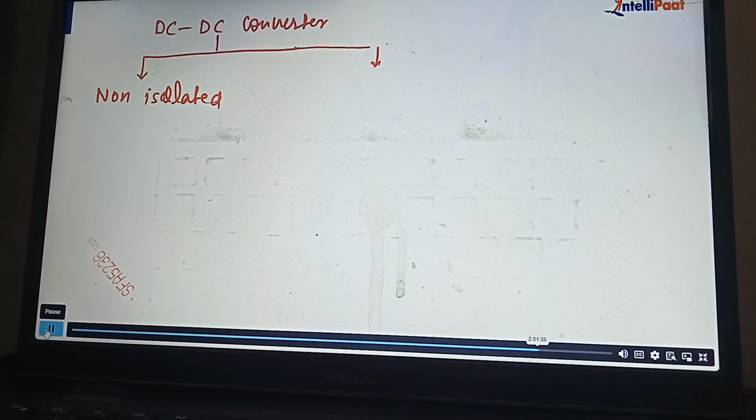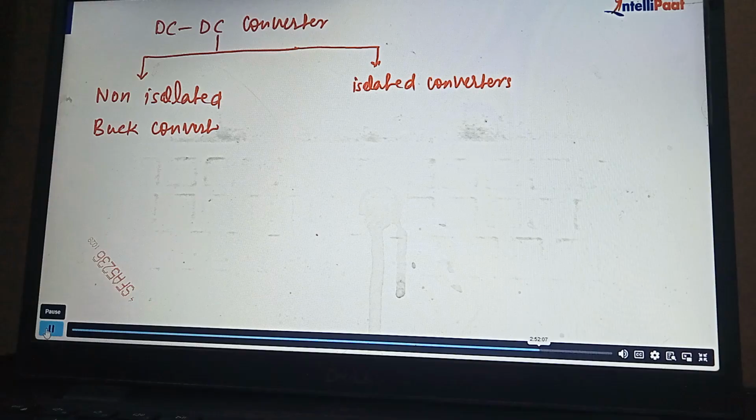Number two, isolated converters. Under the non-isolated converters, can you tell me what types there are? Under the non-isolated category, we have the buck converter, number one. Number two, the boost converter.